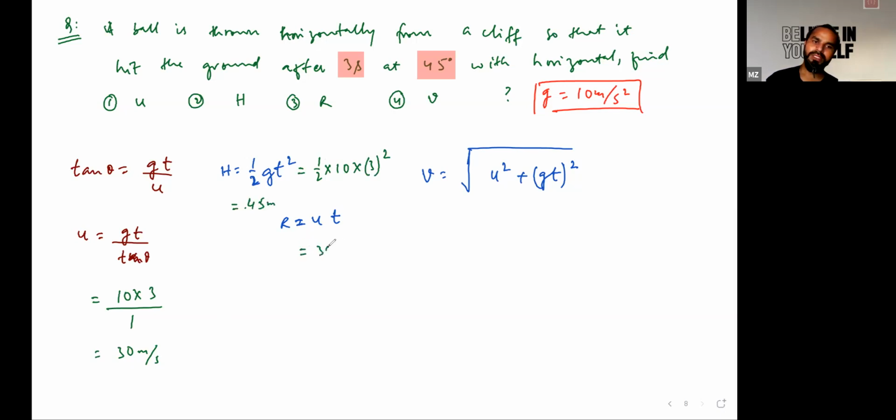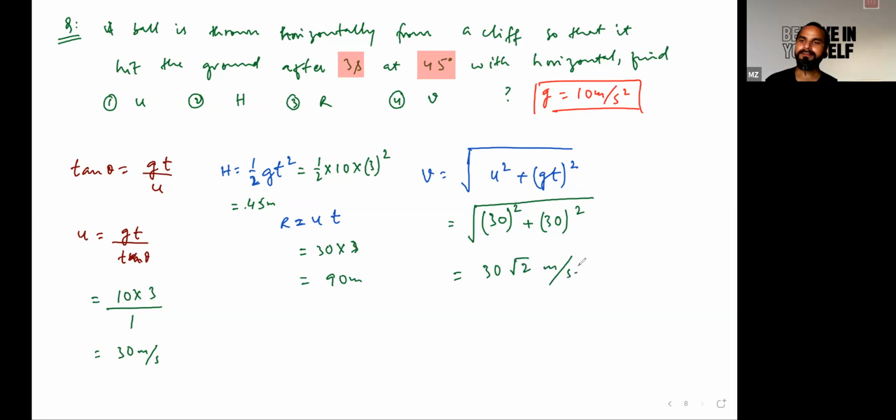Range is equal to initial velocity into time of flight, so it will be 90 meters. For the final velocity, v is equal to root under 30 square plus 30 square, so it will become 30 root 2 meters per second.